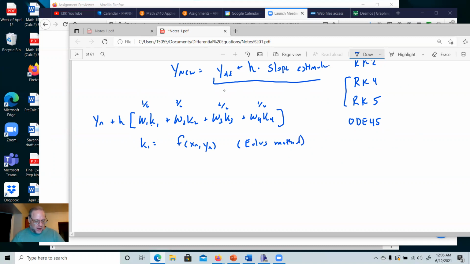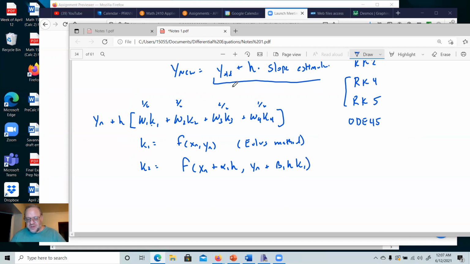Our K2 is going to be f of xn plus alpha 1 h, and then yn plus beta 1 h k1. So it's using the previous slope that we have in order to generate a new idea.